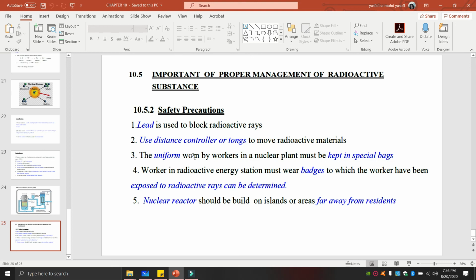Number three, the uniform worn by workers in a nuclear plant must be kept in special bags. After they use the uniform, they have to keep it in special bags so that it will not release radioactivity to the surroundings.